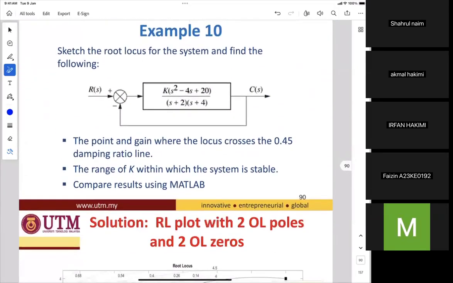Example 10, Sharul Naim. Read the question loudly.